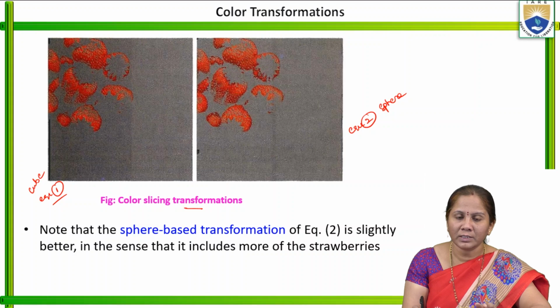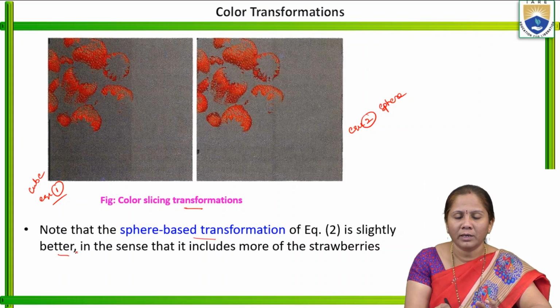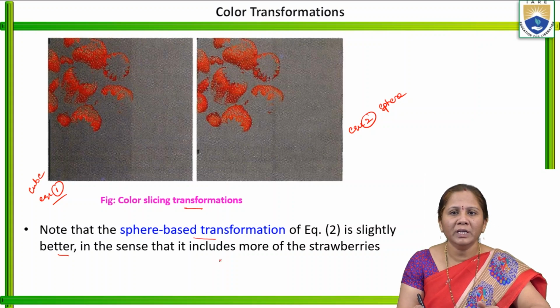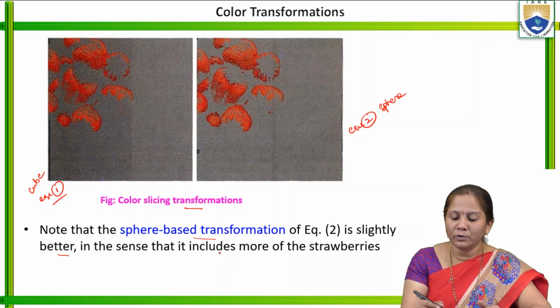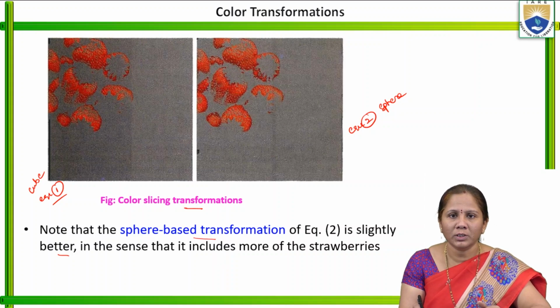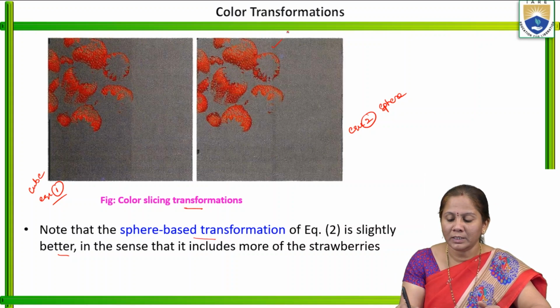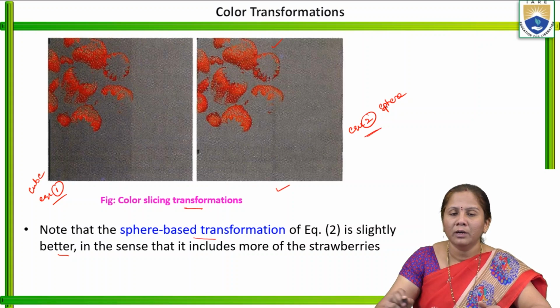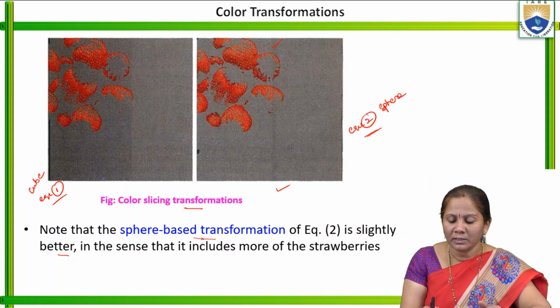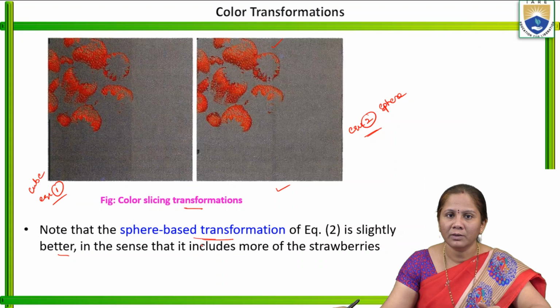Comparing these two figures, we can say the sphere-based transformation is better compared to the cube-based transformation, because there is more information related to the strawberries in the second image compared to the first one. The second image we got by applying the sphere-based transformation, so this is better than the previous one.